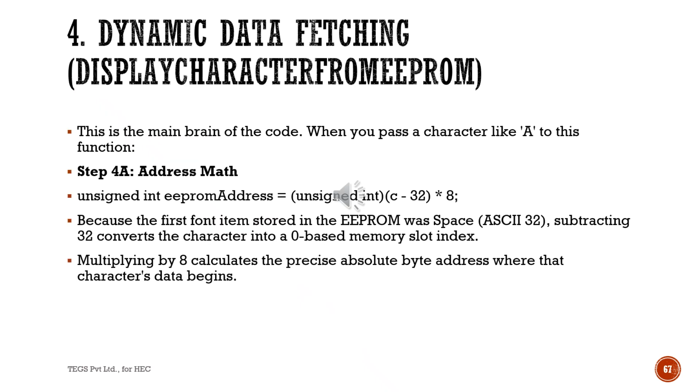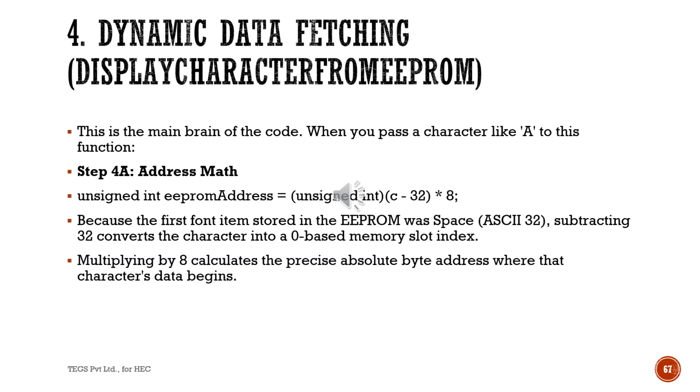Section 4 deals with the dynamic data fetching. This is the main brain of the code. When you pass a character like 8 to this function, step A, the address match: unsigned int eepromAddress equals (c minus 32) times 8 is the address location.